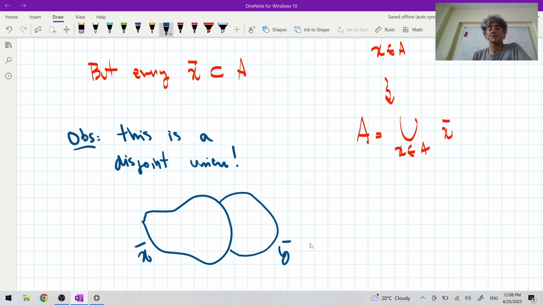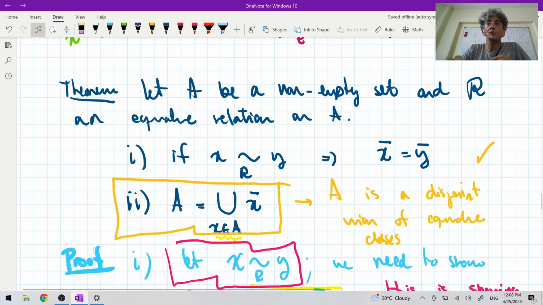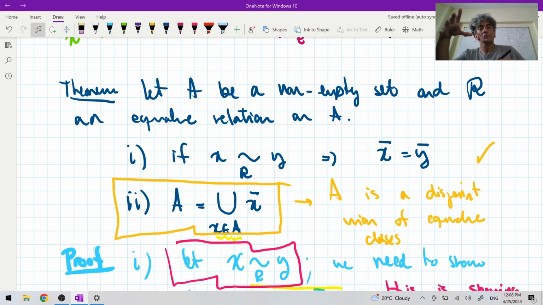If X and Y happen to be related, then the class of Y is actually the class of X. So this is a disjoint union. This is very important because what we have seen now is that every time that we have an equivalence relation, we get a partition of the original set. It also works in the reverse order.